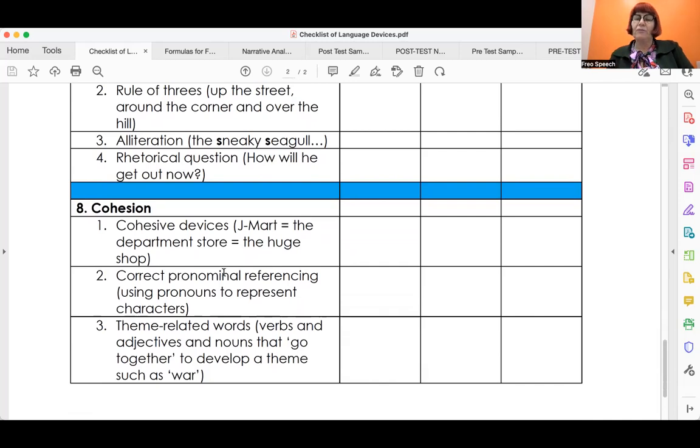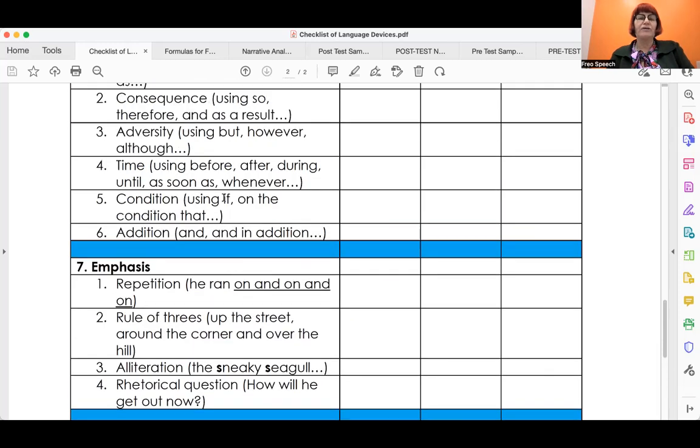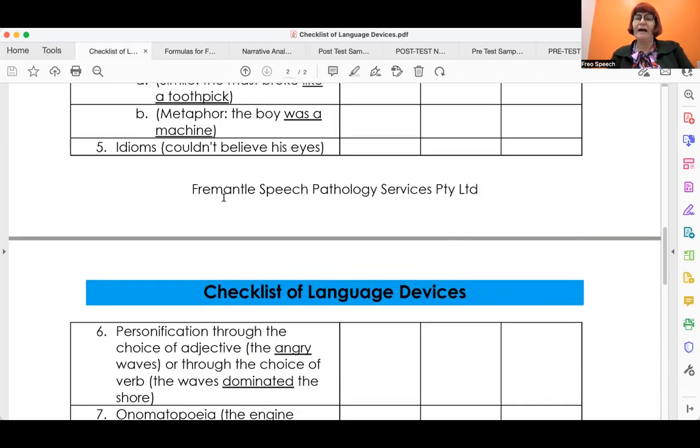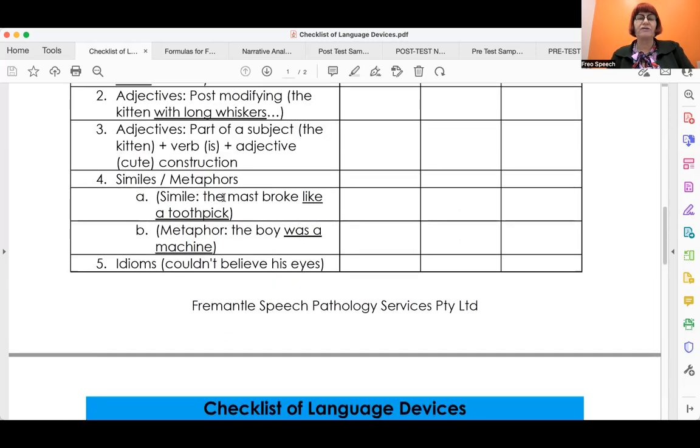We've got to have the pronouns correctly adhering to their points of reference. And if we're writing with an extended metaphor, we have to use the theme-related words. So these are the language devices that we are going to look at in the microstructure.